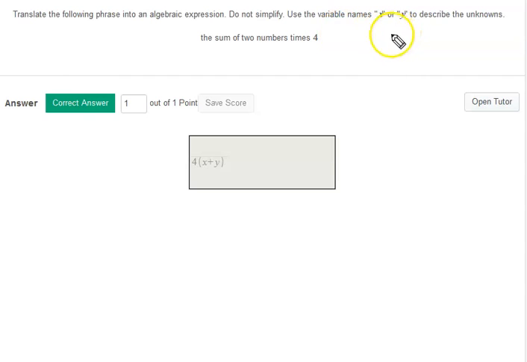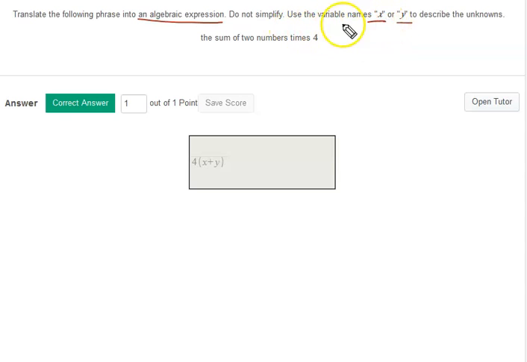Again, your test will have perhaps similar things. These are just randomly taken from the material that was covered in our lessons. Here we're asked to write English into an algebraic expression. And we're asked to use either X or Y to describe unknowns. The sum of two numbers times 4.